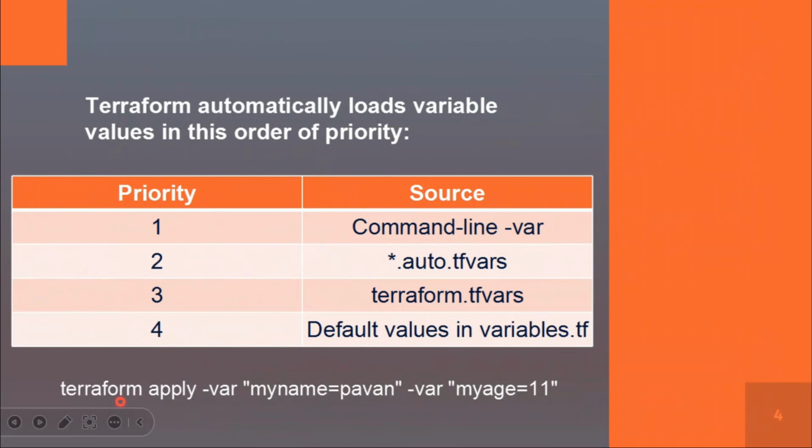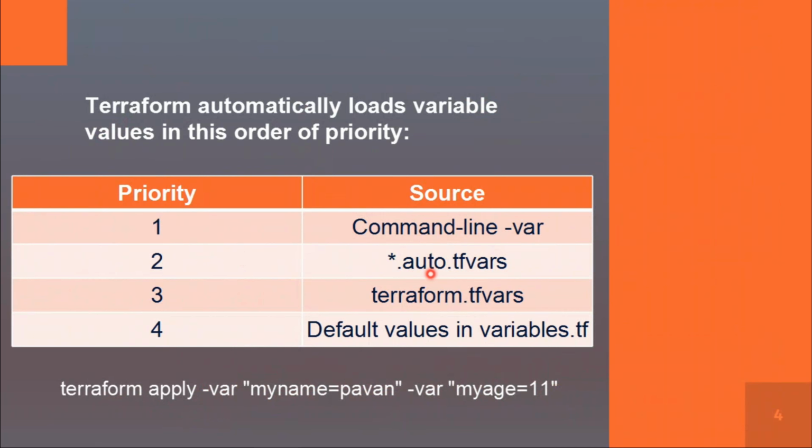If you see on the bottom of the screen, when I am running terraform apply, I am passing my name and age using -var: -var myname equals Pawan and -var myage equals 11. Whatever else we declare will be overridden, and this -var has the highest priority, and it will print only these particular name and age values.